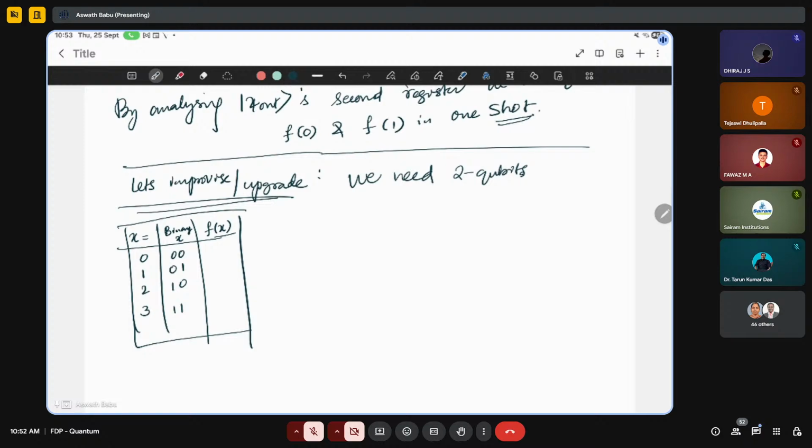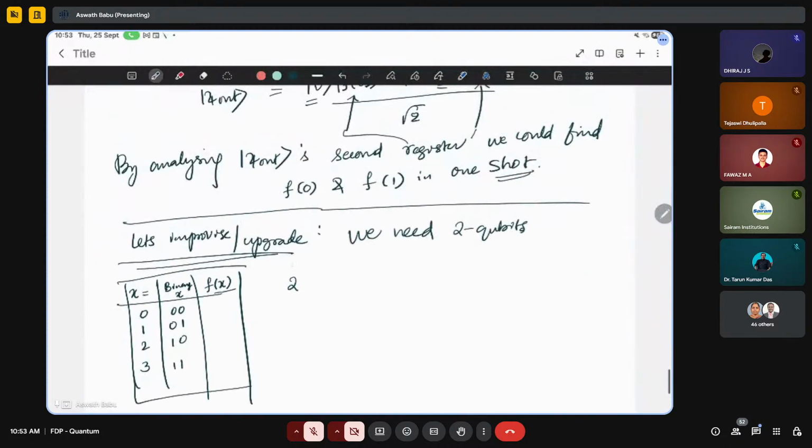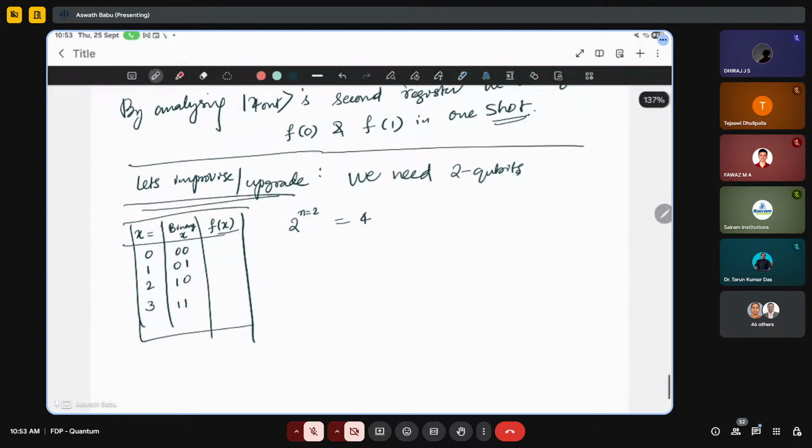As we know, one qubit stores two numbers, and two qubits would store four numbers: 2 to the power of n, with n equal to 2, is 4. So you take 2 qubits, which gives me 4 memory locations, capable of taking all 4 x values.